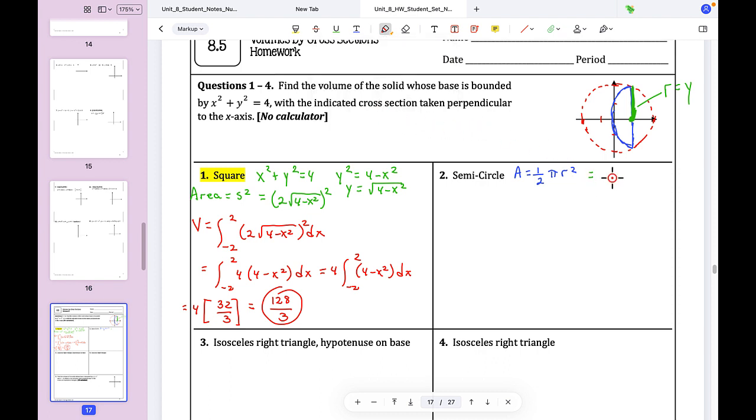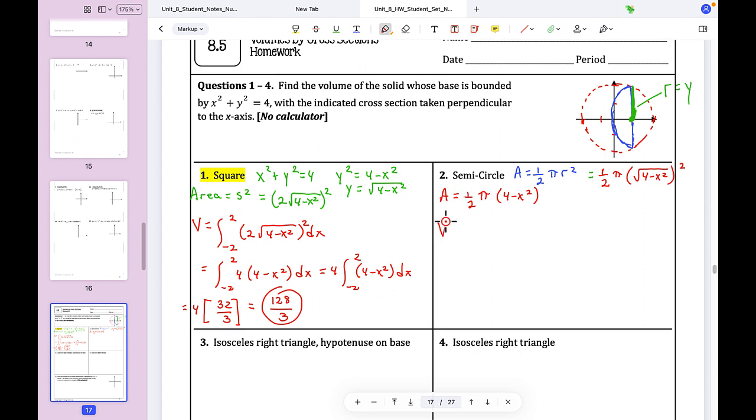It's okay. So r is the square root of 4 minus x squared, so r squared is 4 minus x squared. My area formula is 1/2 pi times 4 minus x squared.